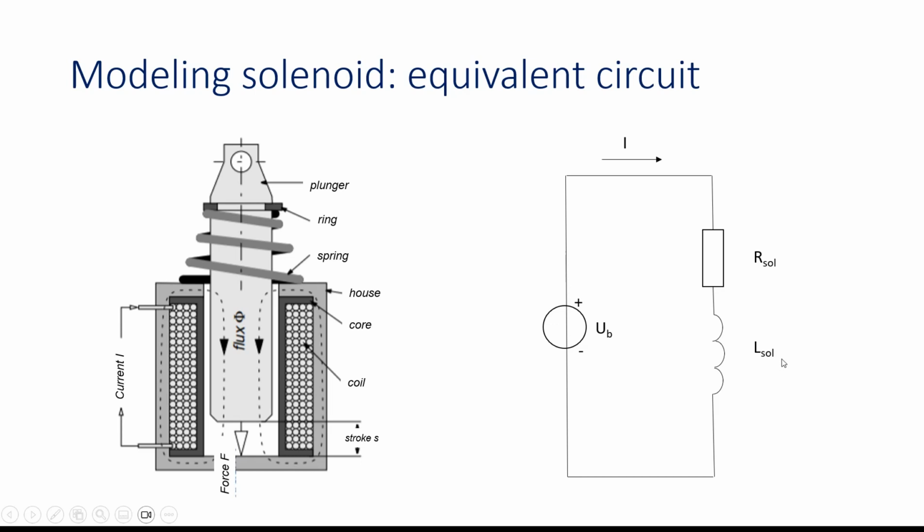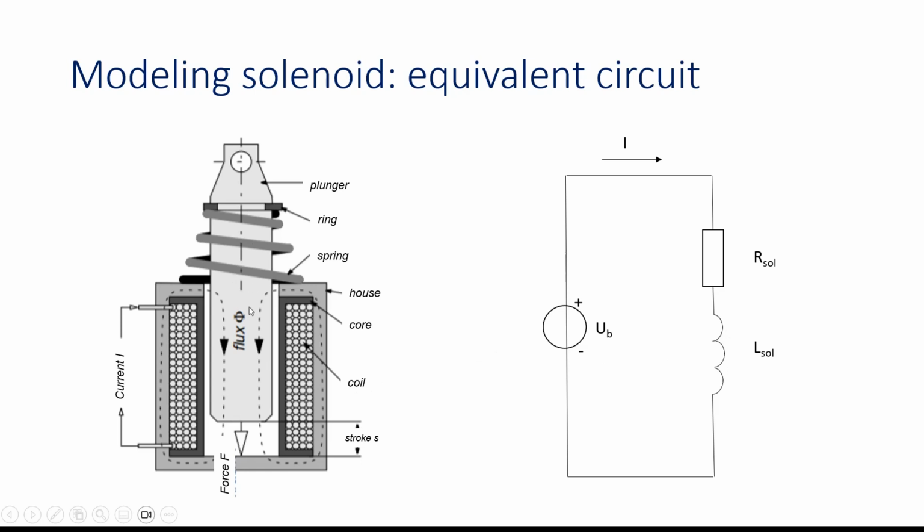We've seen that the magnetic permeability of iron is higher than that of air. So when the plunger starts to move, more flux is flowing through the iron part, so less of the flux is flowing through air. So the inductance value changes whenever this plunger moves.